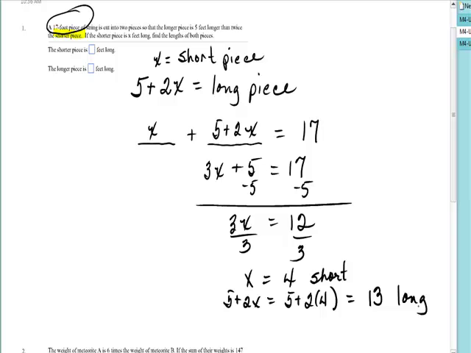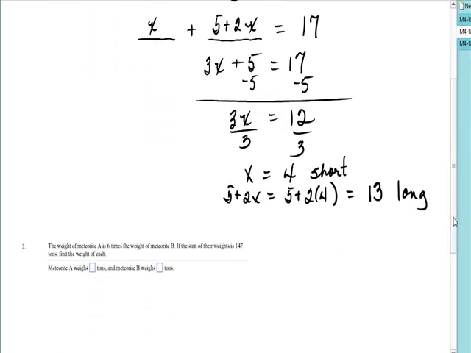Yes, if you're sitting there thinking, couldn't I just subtract 4 from 17 to get the other piece? The answer is yes. But there will be word problems that you can't do that on. So I think it's a good idea to take this expression and rewrite those, and that's where you get your two unknowns. All right, let's look at another one.